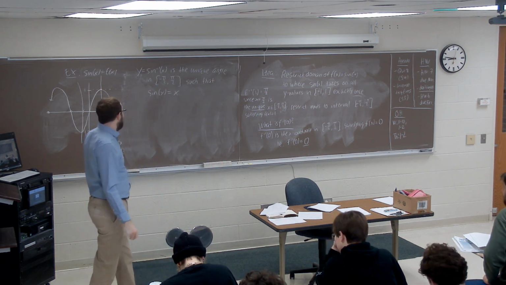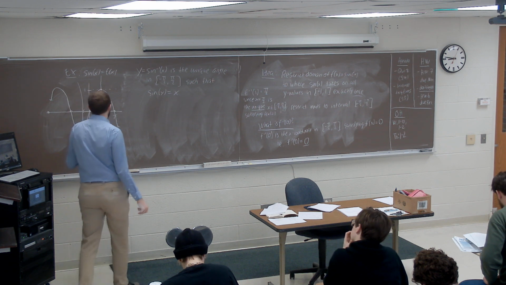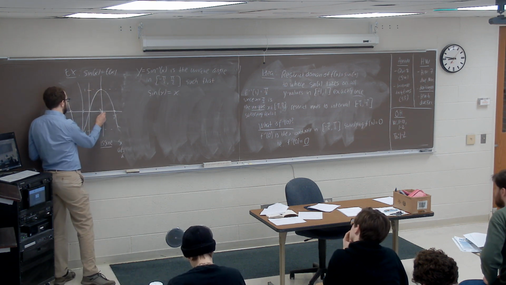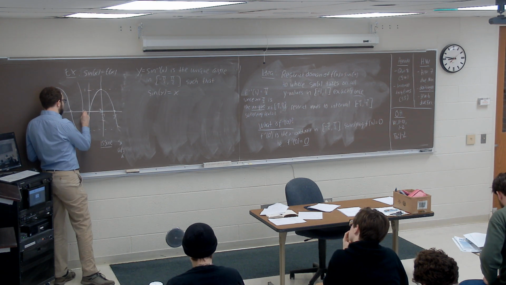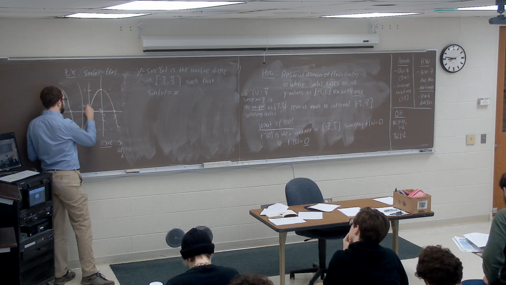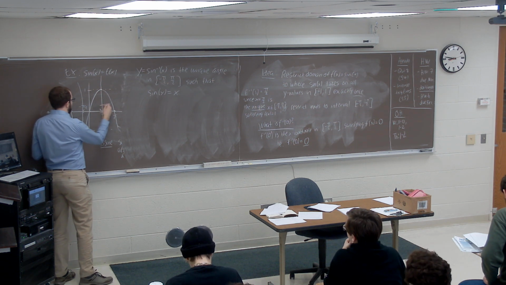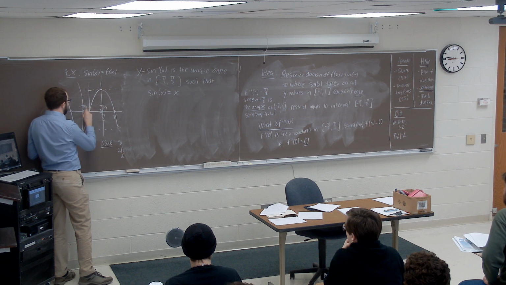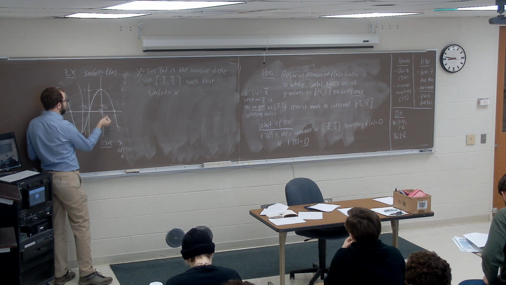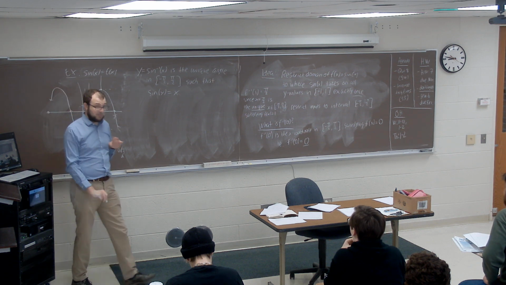Meaning, if we want to find inverse sine of 0, we need to find the x coordinate between negative pi over 2 and positive pi over 2 where the sine of that point is 0, and that would occur at x equals 0.